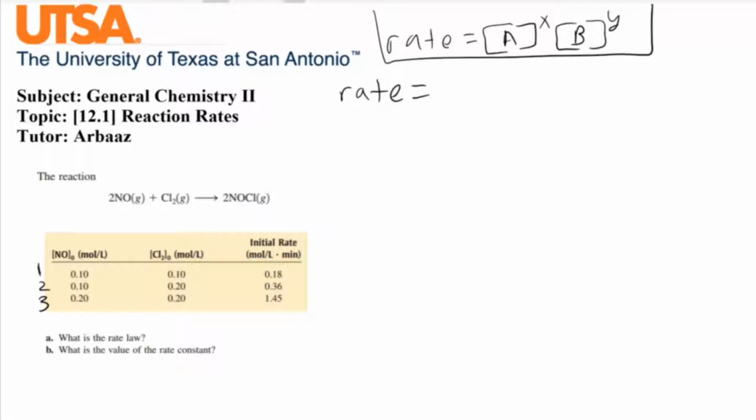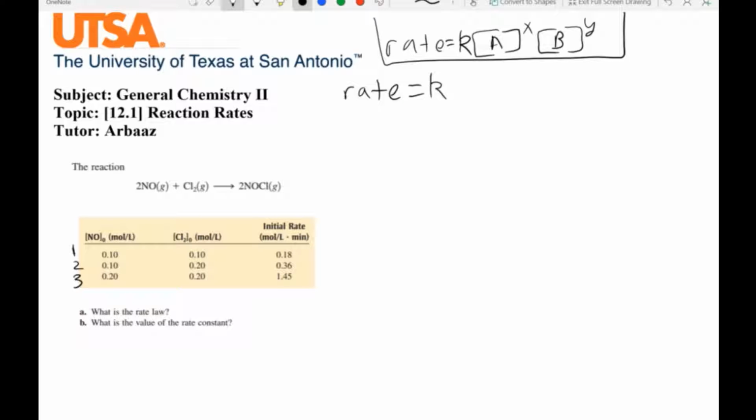So rate, I actually forgot the constant K. That's very important. So rate equals the K constant times the concentration of the first reactant, which in our case is NO, and it's going to be raised to the X power, times the concentration of the second one, Cl2, raised to the Y. So the important thing to note here is that the exponents of the reactants do not correlate with the coefficients that are seen in the overall balanced reaction.